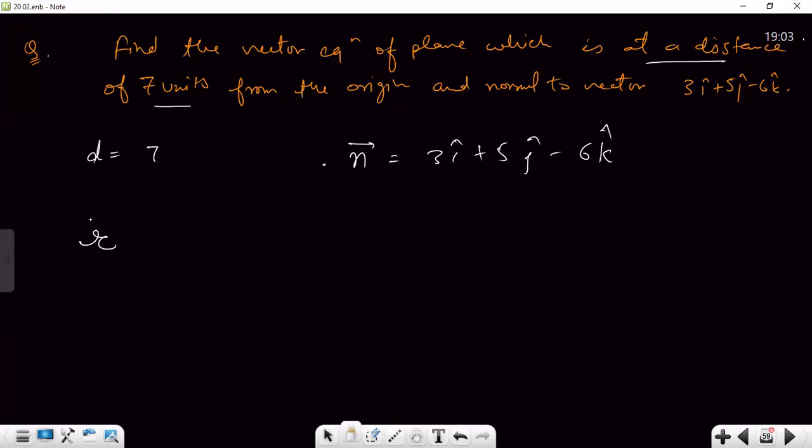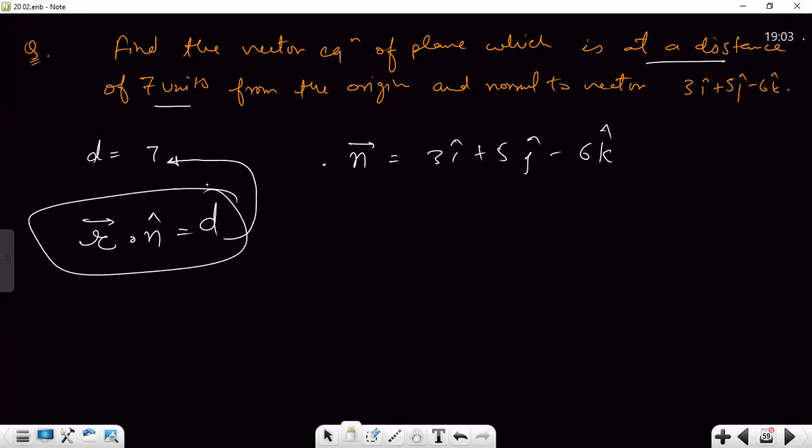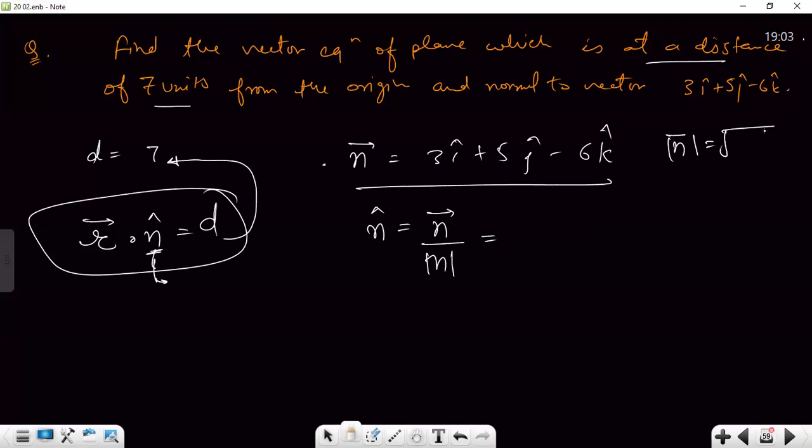We know the equation r dot n cap equals d, where d is the distance of the plane from the origin and n cap is the unit normal vector to the plane. But we have the normal vector, so let's find the unit normal vector by dividing by the magnitude of the vector. The magnitude is 3 square 9, 5 square 25, 6 square 36, so 9 plus 25 plus 36 is 70, square root of 70.